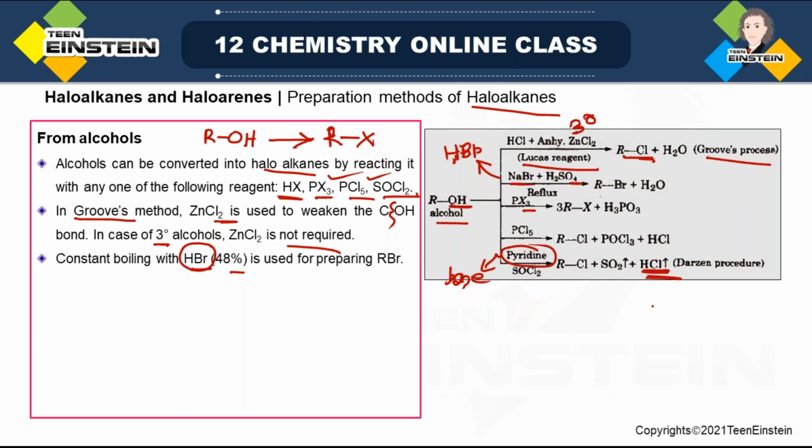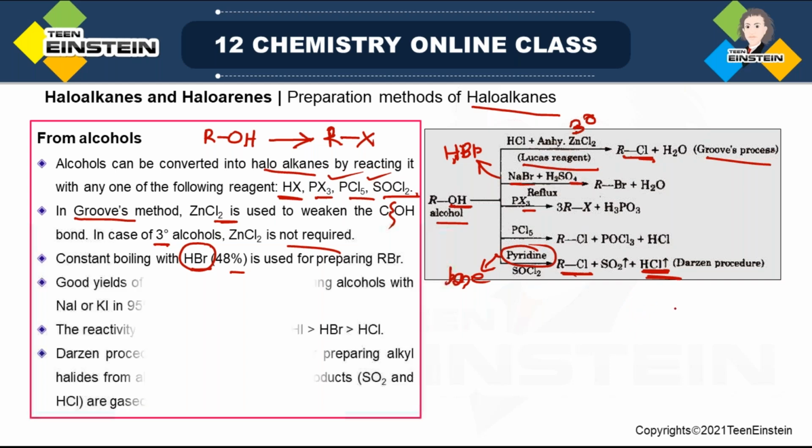As a result, more RCl is produced. This is why pyridine is used, to consume the HCl, which is the side product.